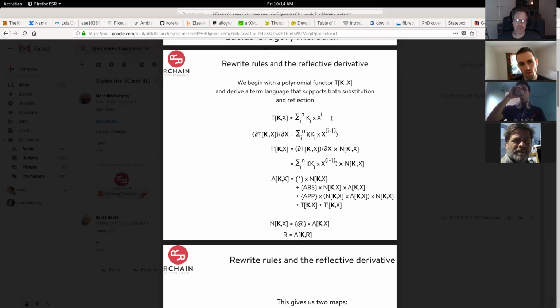Yeah, and then what does it really mean to be multiplying by this number here when we're talking about a term constructor and a term? I'm not really sure exactly, but like I said, I'm definitely not the expert on that stuff. So the whole idea then is we have some kind of generic way of constructing these terms from whatever functor, which is basically just combining these different subterms that we have.